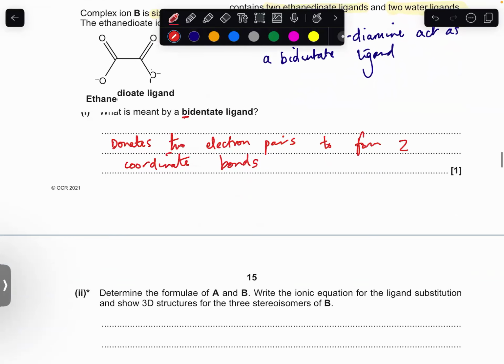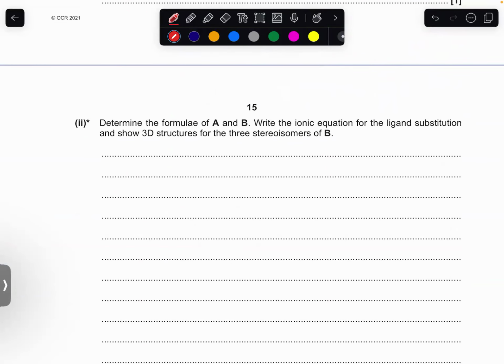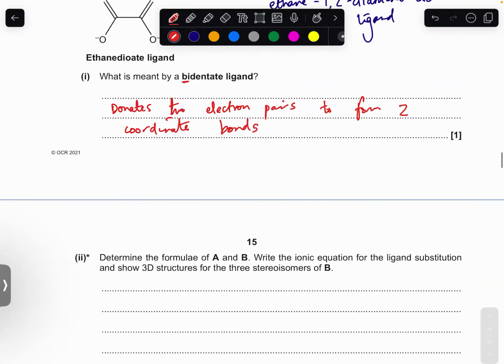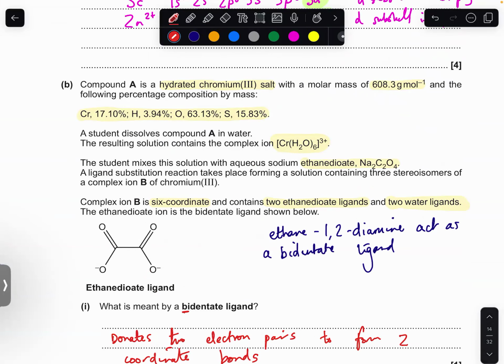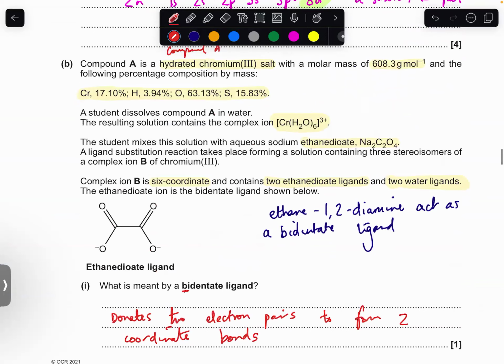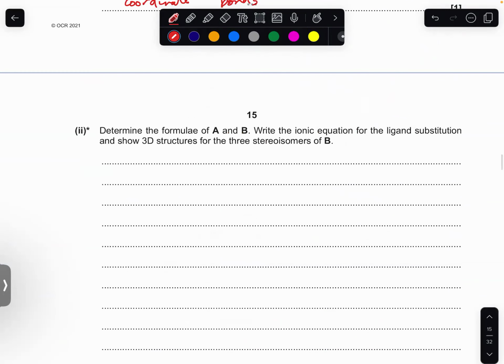The next question asks: determine the formula of A and B. Compound A is the hydrated salt, and then you've got the complex B. Identify them, write an ionic equation for the ligand substitution, and show the 3D structures for the 3 stereoisomers.